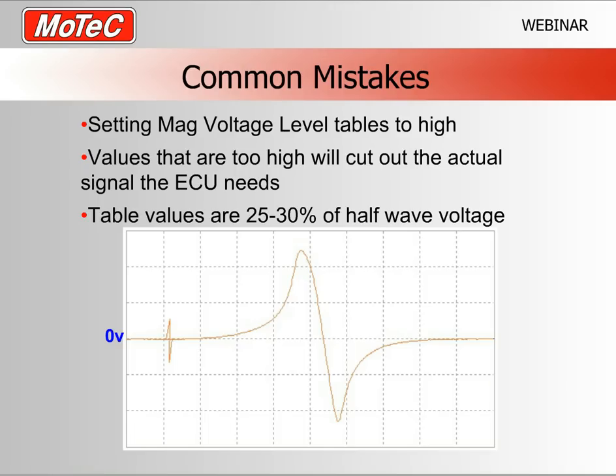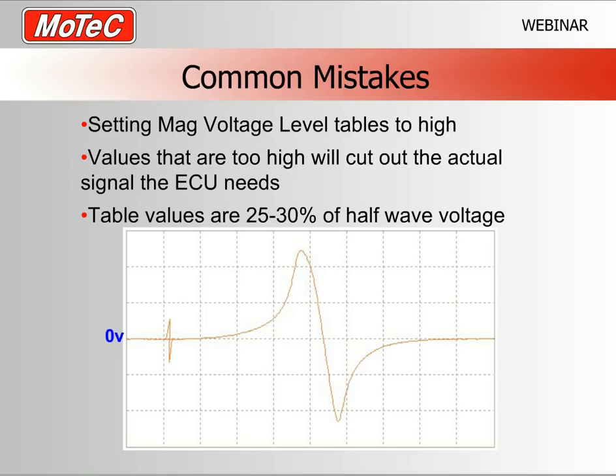Common mistake, setting your mag level table too high. So let's say that signal there is 6 volts from complete negative to complete positive. So the half wave voltage is 3 volts, so just the positive part above 0 volts.